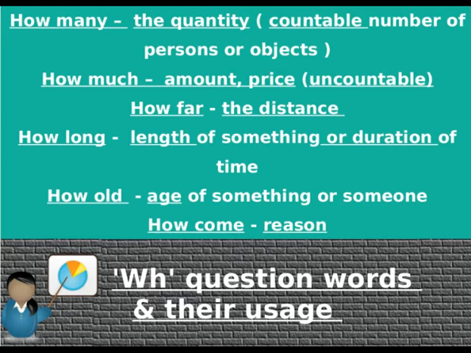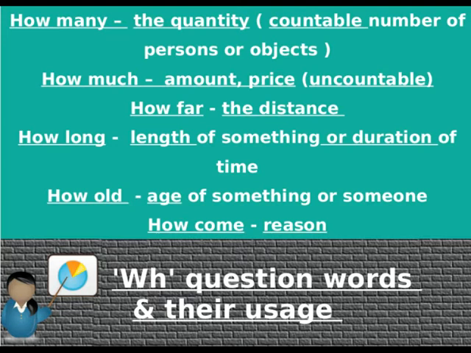How long means the length of something, or sometimes it can be duration of time, not only length. How old, age of something or someone. How come indicates reason. So when you have learned the meaning of a question word, you will know exactly which question word is to be placed.